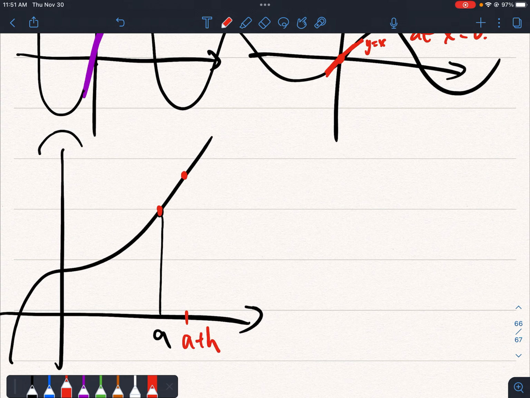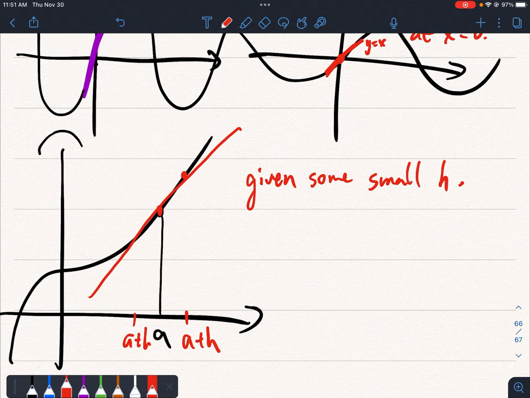But here, we need to look at all the points that are close enough to it. So let's look at a plus h. So this will be a secant line. If you are given some small h, this can also be negative.